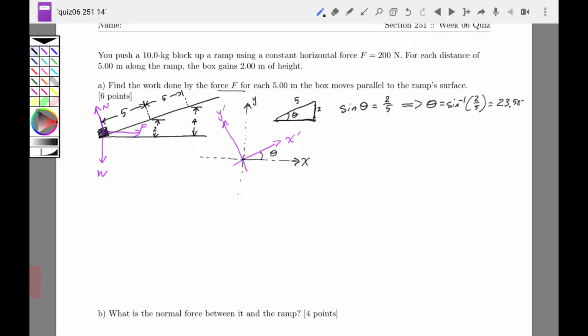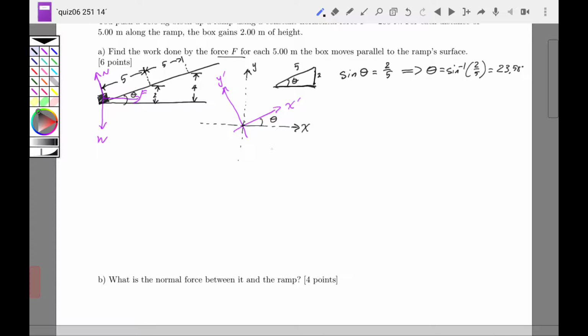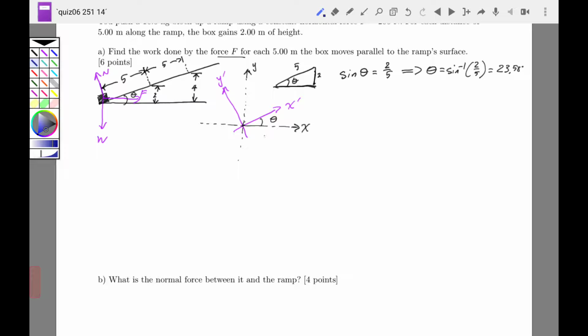And the angle matches the incline angle. And then we can write F in terms of the new coordinate system, and then the displacement vector in terms of the new coordinate system, or do everything in terms of the old coordinate system. Actually, you know what? Maybe we should do both, just so you can see.